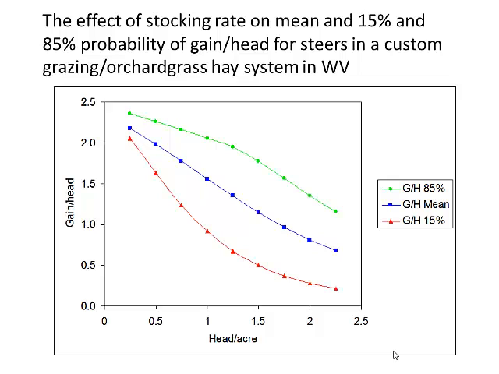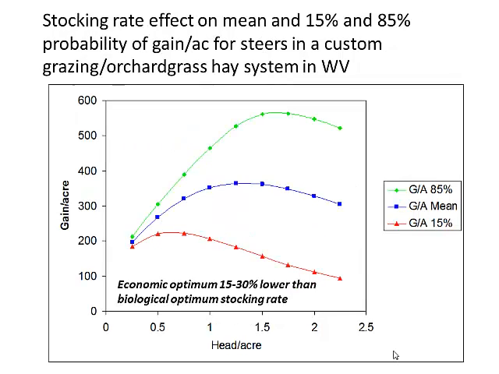Okay. So let's look at an example. Ed Rayburn, my counterpart, did some work with steers here. Let's just look at the middle line, the blue line. So as we're adding steers, 700-pound steers, where the average is 700 pounds in the season, head per acre, we're going from 1/2 to 2.5. Yes, we can see gain per animal per day drops from 2 1/4 down to about 3/4 pound.